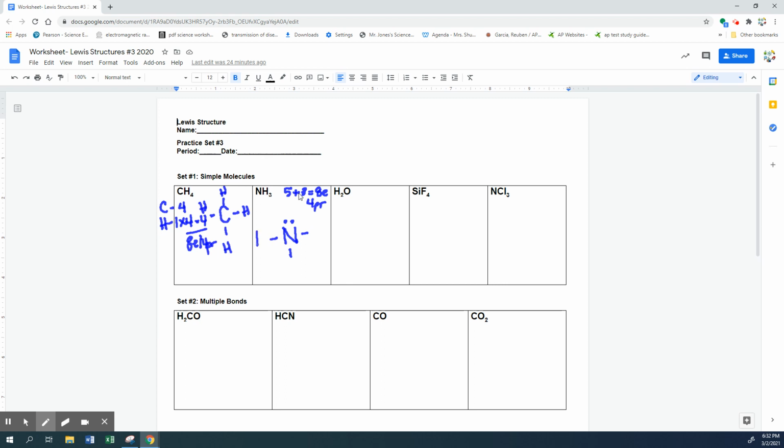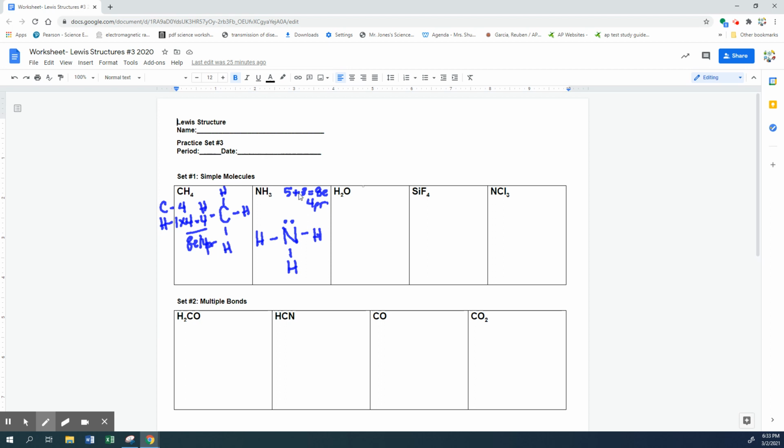There are 3 hydrogens, so I'm going to put 1 hydrogen off of each bond. Check to make sure nitrogen is happy. 1 set, 2, 3, 4. Each hydrogen has only 1 bond coming off of it, so it's happy. In total, we use 4 pairs: 1, 2, 3, 4. So that looks great.